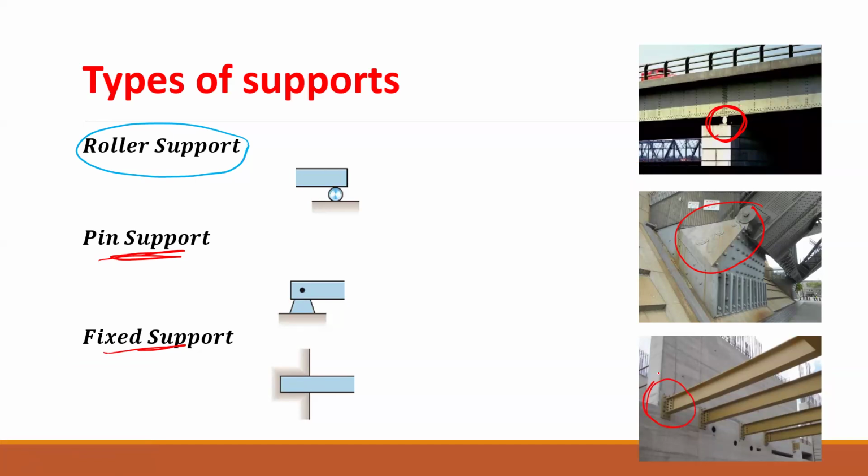Now when we just consider the span of the bridge, or maybe a beam like this, we need to replace these supports by forces. If you look at the roller support, you can see it is only preventing movement in this direction. Do you agree with me?